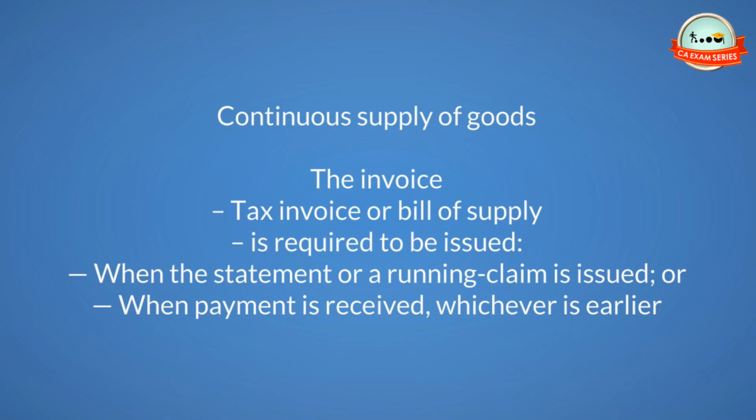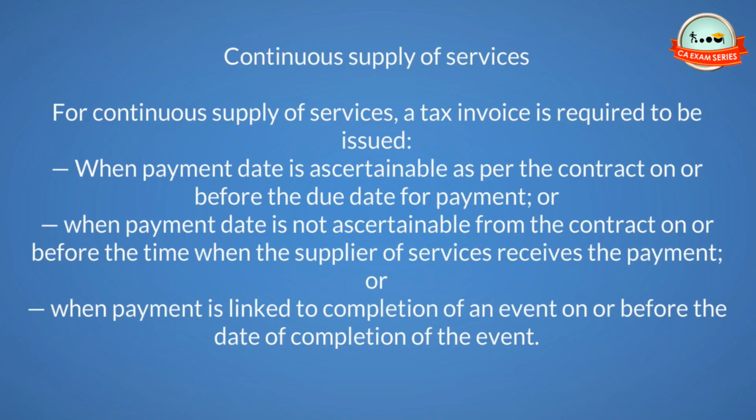Continuous supply of goods. The invoice, tax invoice or bill of supply, is required to be issued when the statement or a running claim is issued, or when payment is received, whichever is earlier. Continuous supply of services.